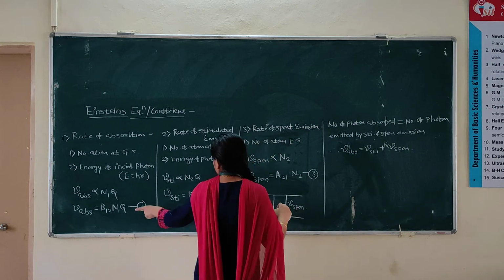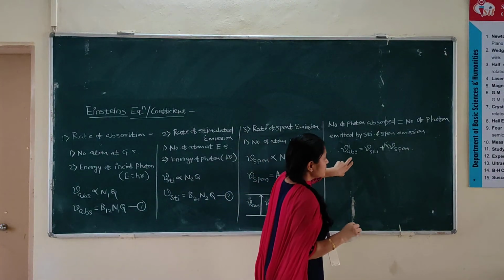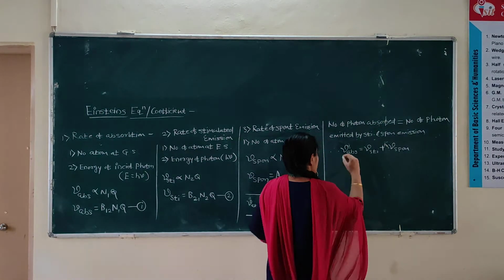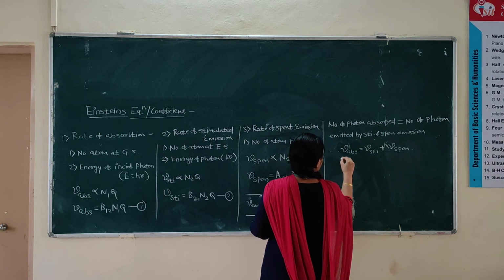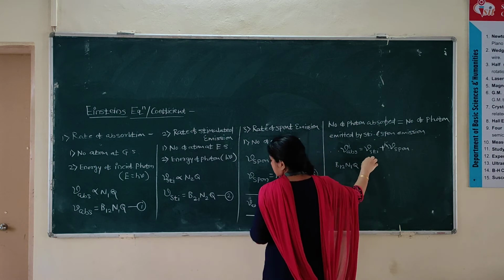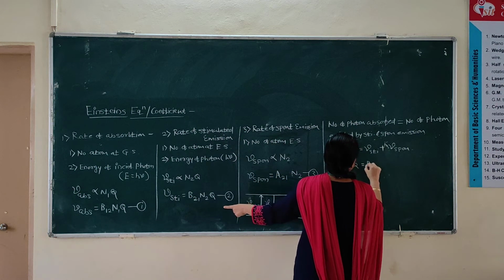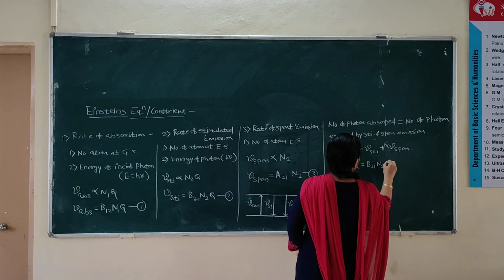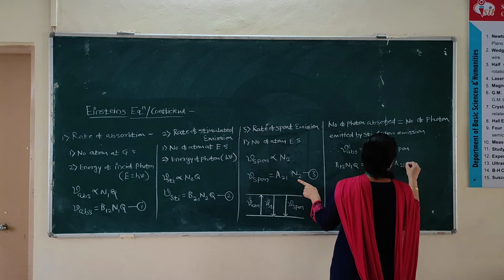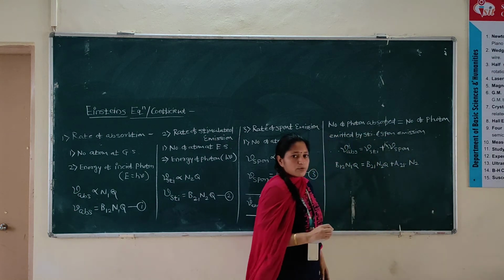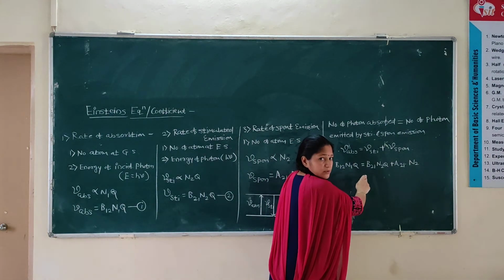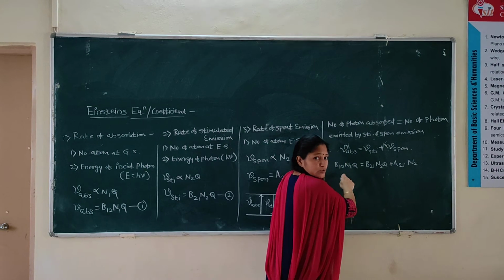Now from equations 1, 2 and 3, we put in the values of gamma absorption, gamma stimulation and gamma spontaneous emission. From equation 1 we put B12 N1 Q. From equation 2 we put B21 N2 Q, and from equation 3 we put A21 into N2. Now from this equation Q will be taken common, so the right side term will be taken to the left side.